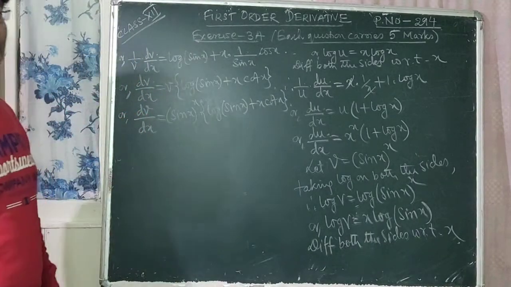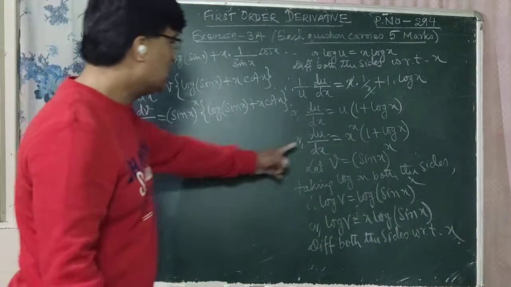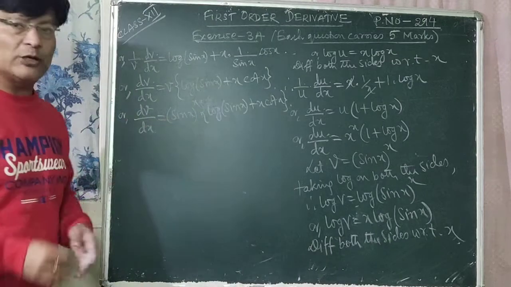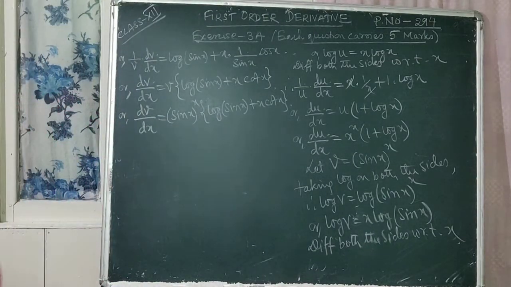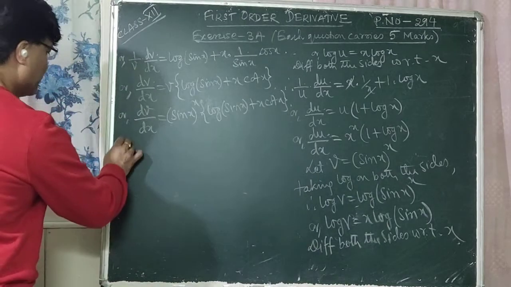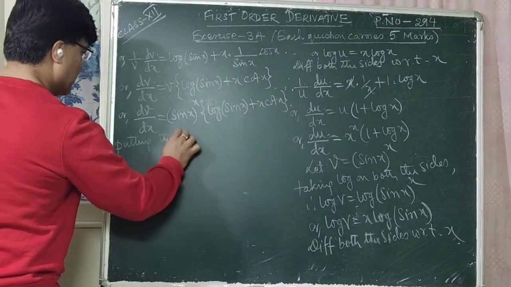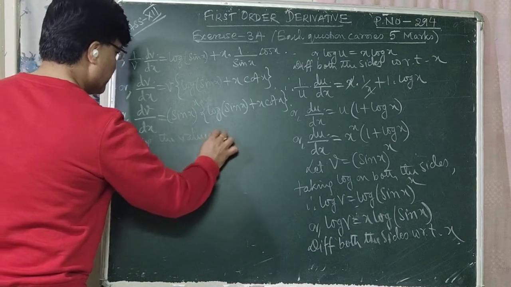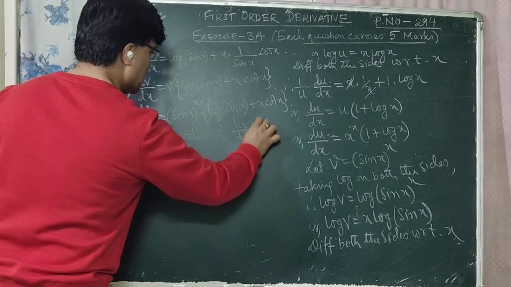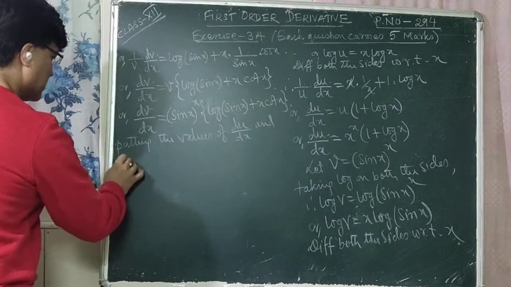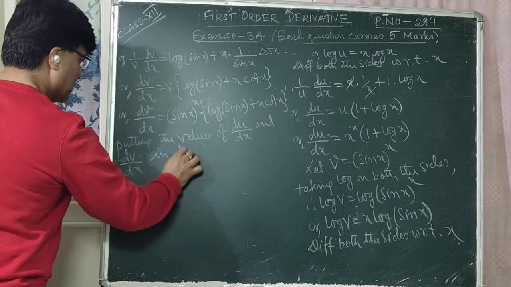So now let us put those values of du by dx and dv by dx in equation 1. So putting the values of du by dx and dv by dx in 1.